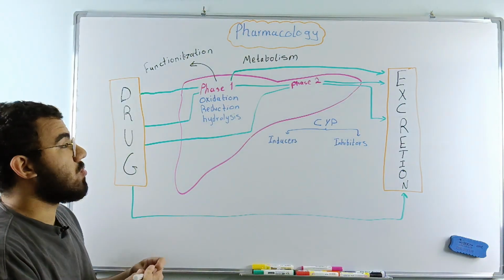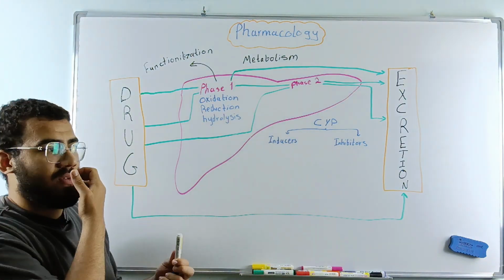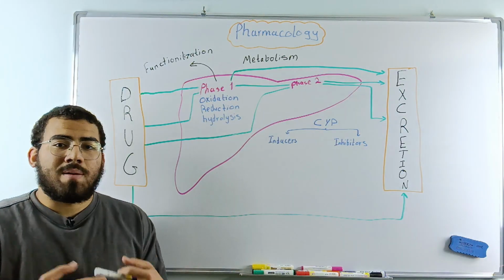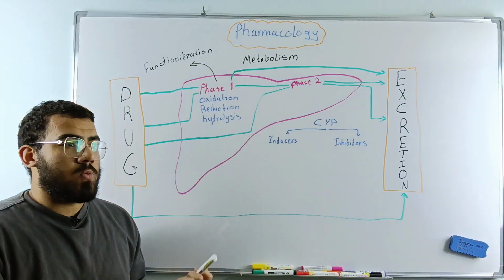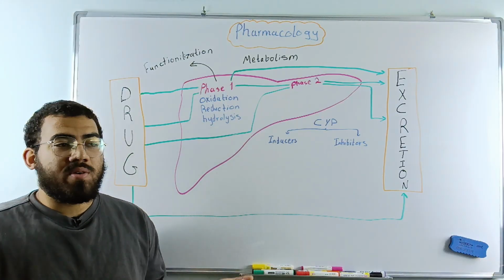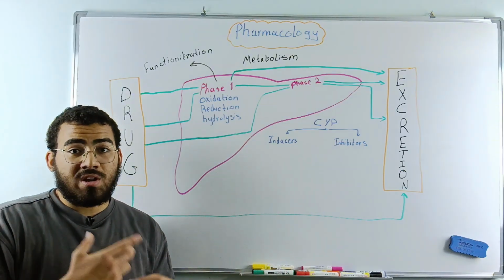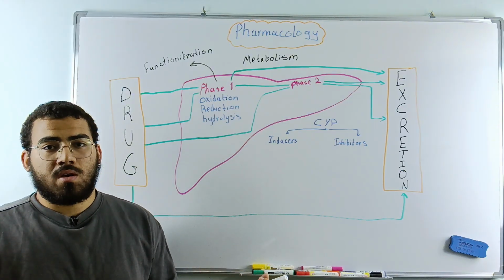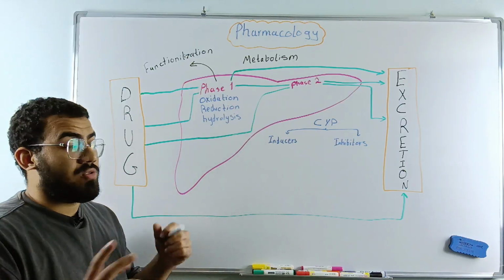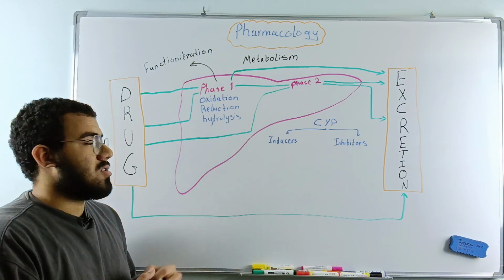Actually, the reason behind metabolism, and this is something that I forgot to mention at the beginning of the video, a very main reason why metabolism happens is to excrete the drug. You don't want the substance that you administered in your body to treat a certain disease to stay in your body forever.